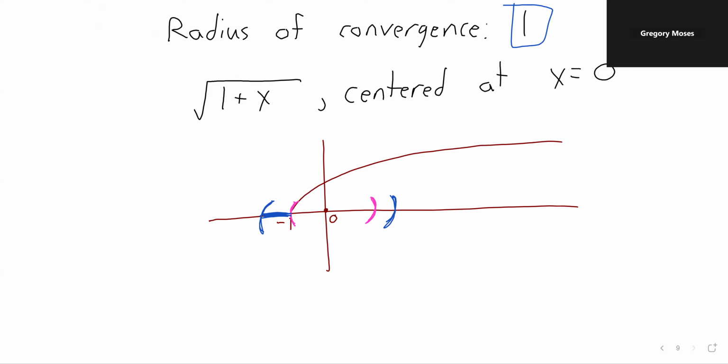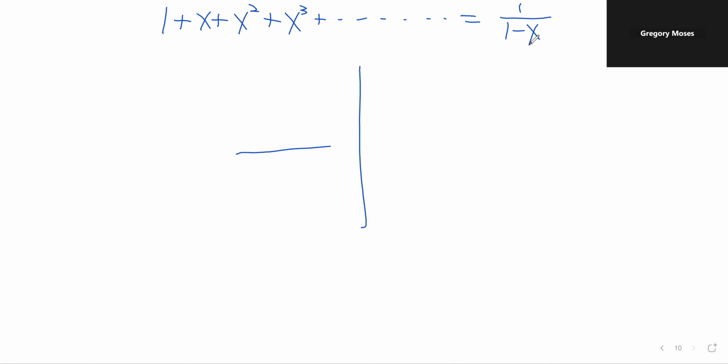But usually the radius of convergence, if you look at the function, it makes some kind of sense. We saw the exact same thing when we looked at this Taylor series. This Taylor series was centered around 0, and it had a radius of convergence of 1.